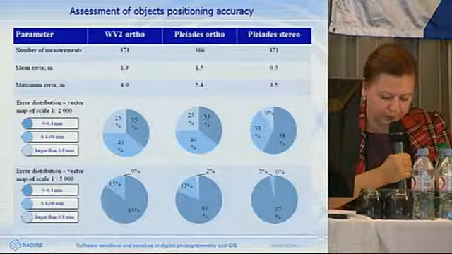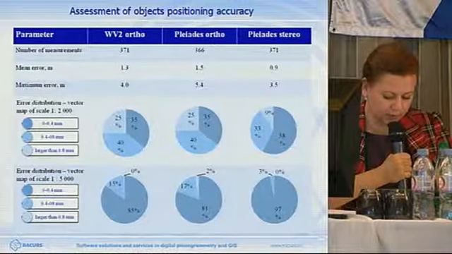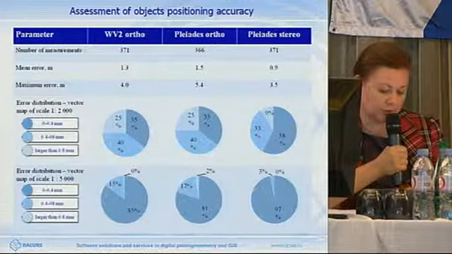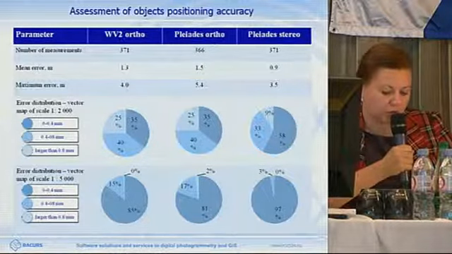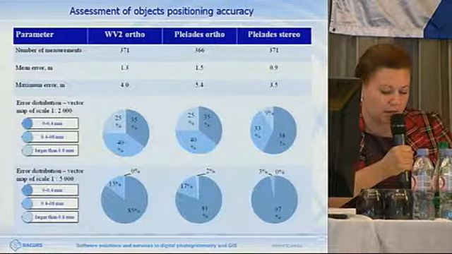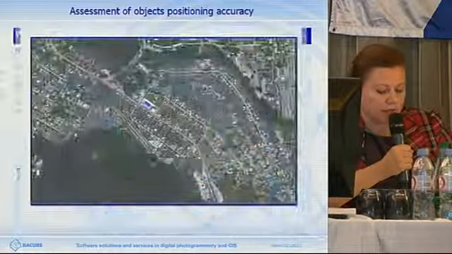We also assessed maximum allowable deviations for 1 to 2,000 and 1 to 5,000 map objects according to regulations. From this diagram, it follows that the stereopair makes it possible to position objects sufficient for 1 to 5,000 maps.